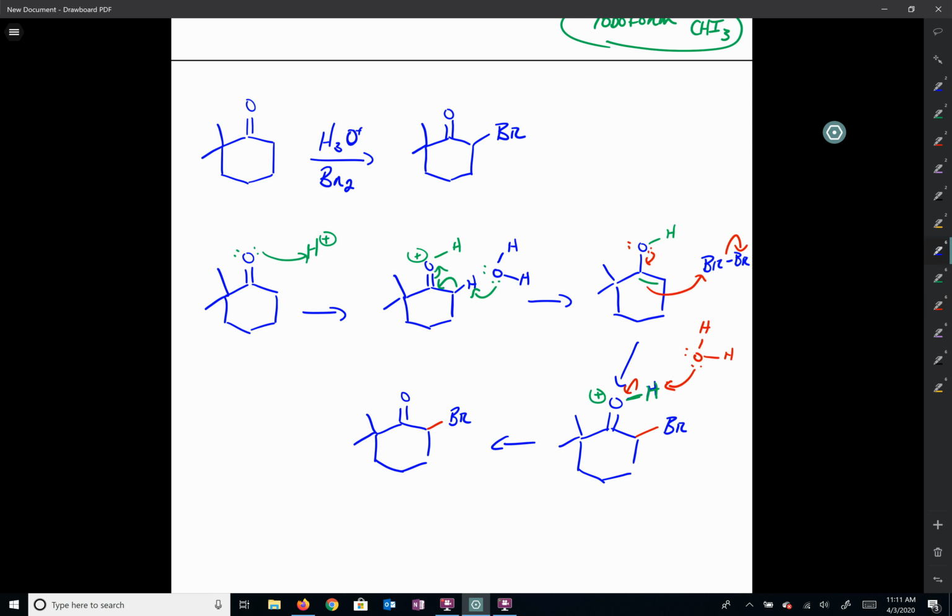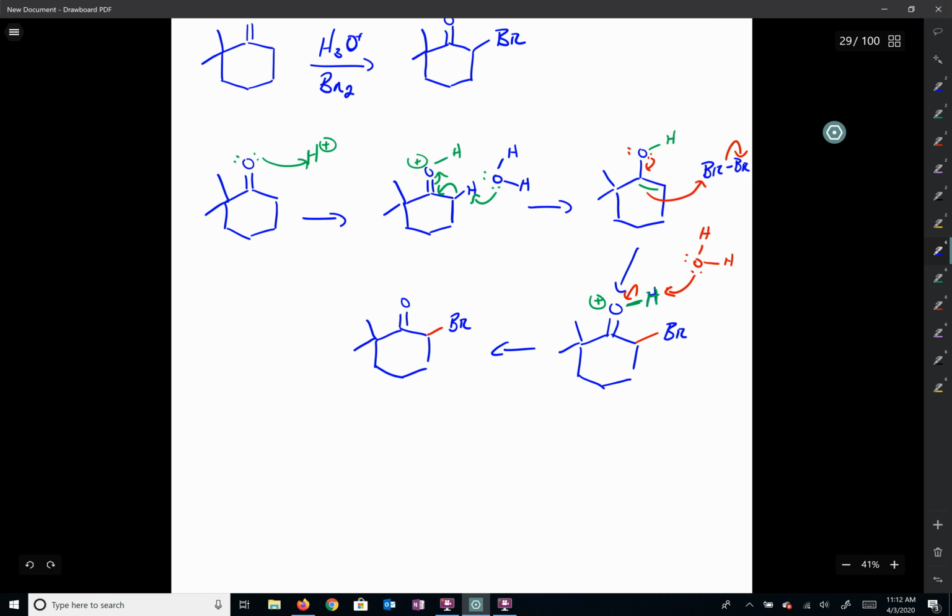We can maybe do a substitution, although it's not all that great to do substitutions on secondaries, given where it is. We can do eliminations. That's probably going to be something that we'll end up talking about quite a bit. We can do an elimination to make an alpha-beta unsaturated ketone, which we will talk about a little bit more further on into this chapter.